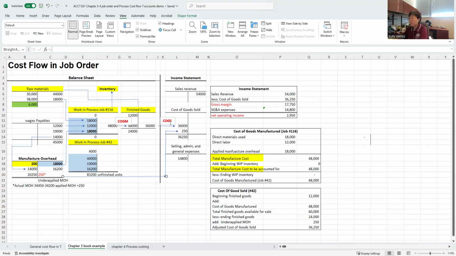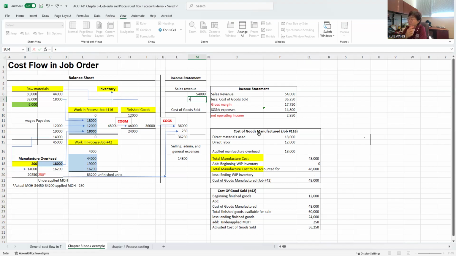Now follow the cost of goods sold to the income statement, and the matching sales revenue is 54,000. Again, that's a T account for revenue. Credit means increase. I will always put it on this side because that's the double entry system, right?